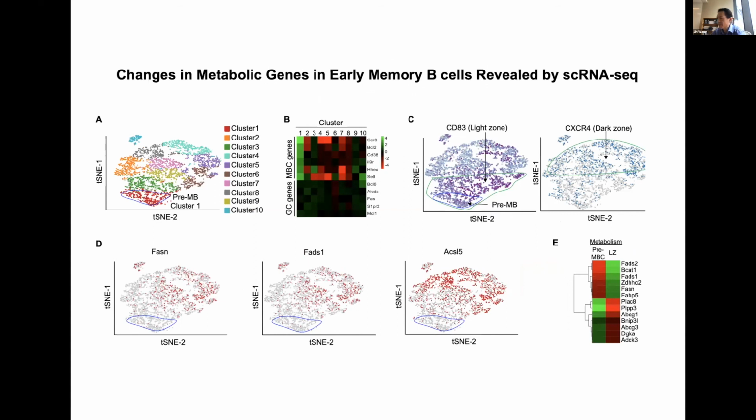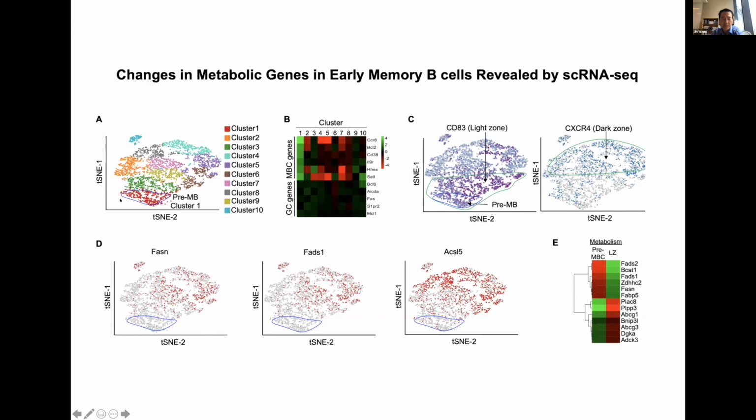Why are we suddenly interested in single cell RNA technology? After vaccination, we purified the B cells, and we found one cluster of cells, class 1 here by single cell RNA-seq, which are already becoming memory B cells in the first week.